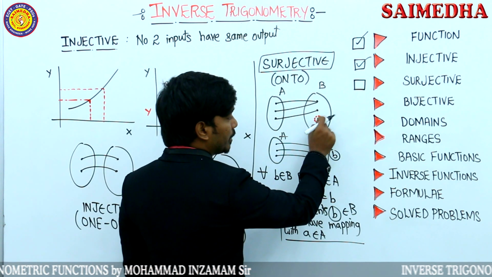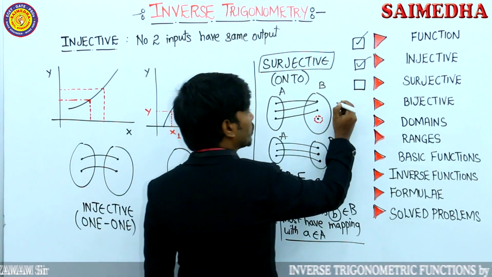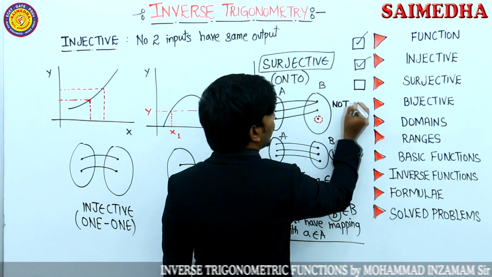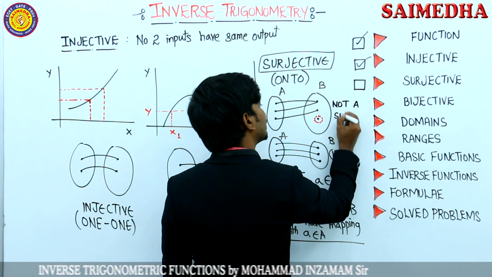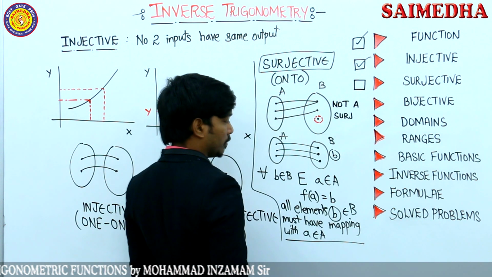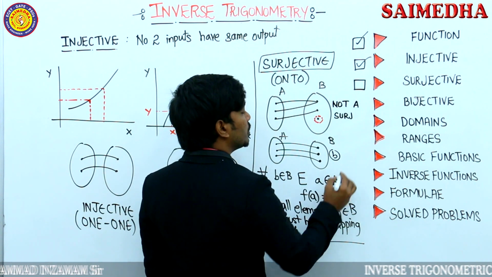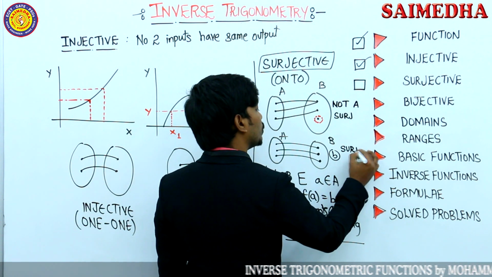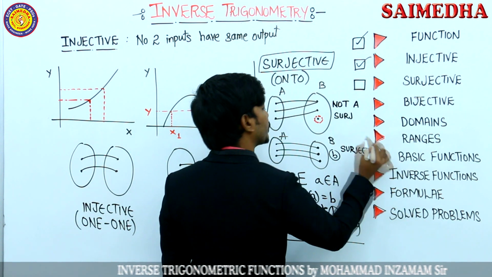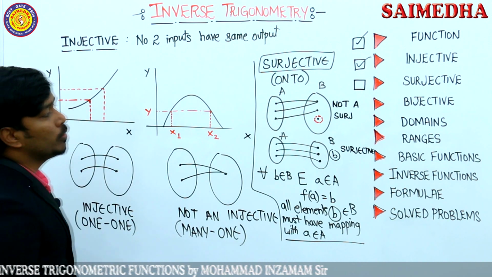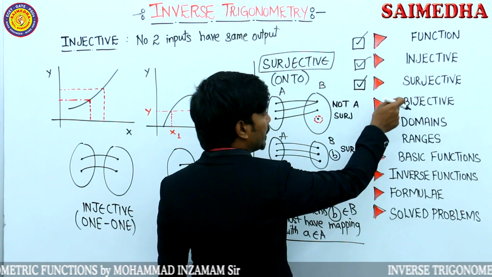Here one element is not even mapped. So this is not surjective. Here all the elements have been mapped. So yes, it is surjective. Observe the last one now. What is the meaning of bijective, guys?